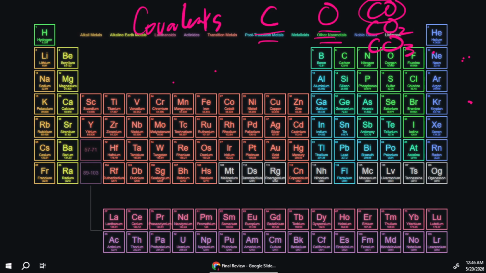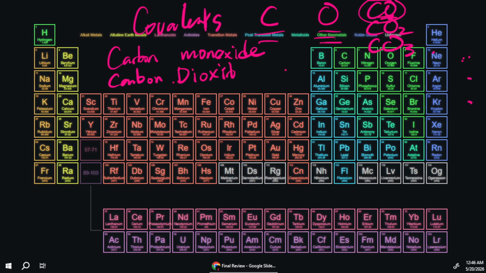For example, CO is carbon and one oxygen, so we add mono: monoxide, carbon monoxide. And if we have CO2, that's the very famous dioxide. This is not trioxide because at this point it becomes a polyatomic ion with oxygen, so we have to add an ATE for it.